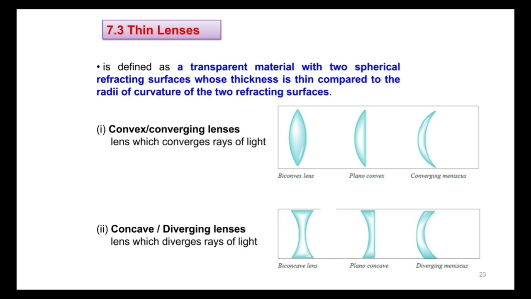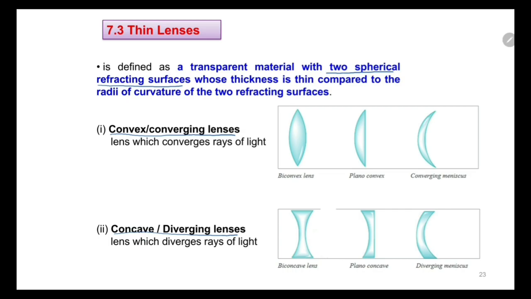A thin lens is defined as a transparent material with two spherical refracting surfaces whose thickness is thin compared to the radii of curvature of the two refracting surfaces. We have two categories of thin lenses. First is the convex or converging lens, and another one is the concave or diverging lens.